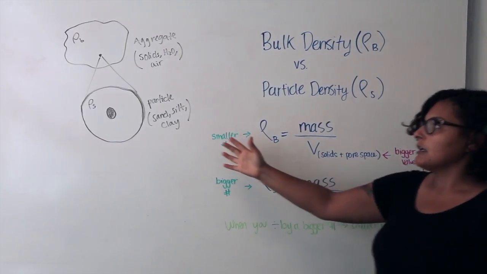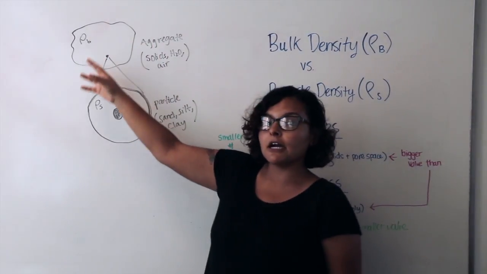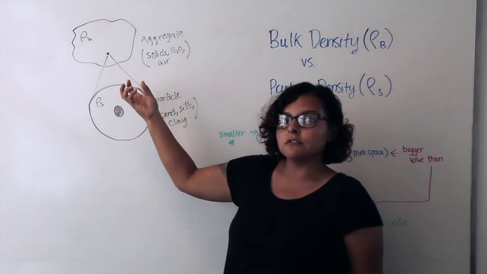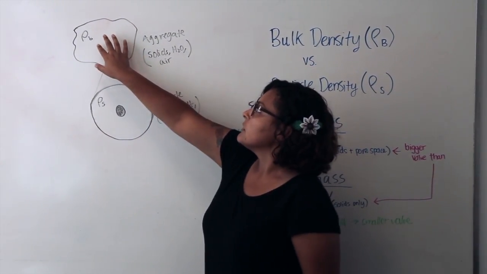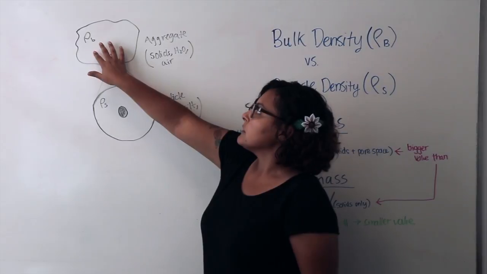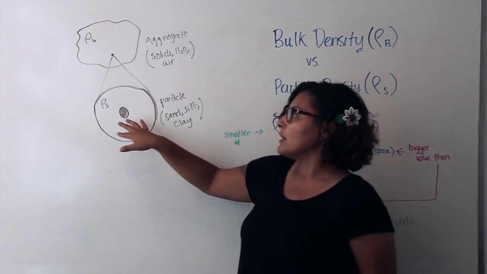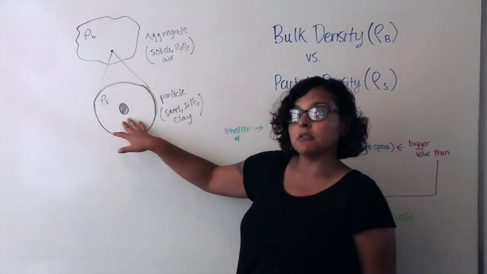So here in an example, the bulk density would be taking the entire aggregate or the whole unit of soil, the volume representing the amount of the solids, which are the soil particles, the air, and water, where the particle density is only accounting for the solids.